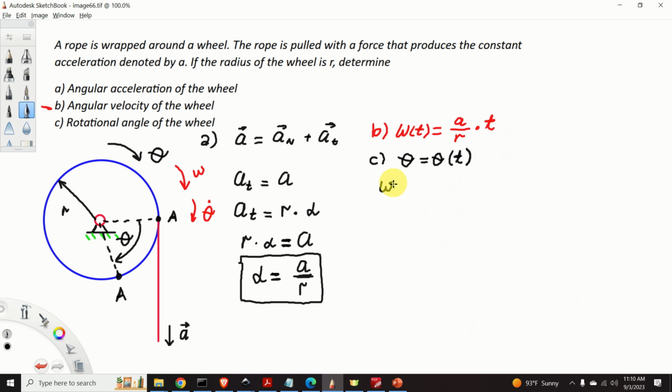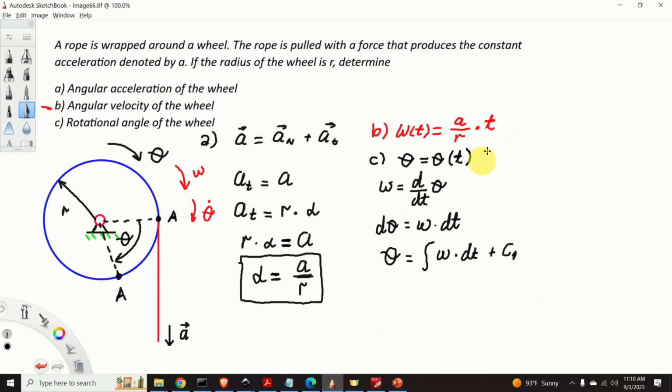Well, we know that omega is actually equal to the first derivative of theta. From this equation, we obtain that d theta is omega times dt. Let us integrate this equation. By integrating this equation, we obtain that theta is equal to the integral of omega times dt plus some constant. Let's denote this constant by c1.